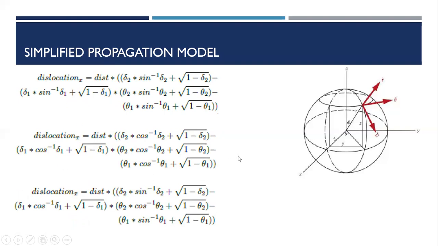These three expressions give us the dislocation of any object or the receiver when it moves from one particular area to another within the spherical coordinate system. The receiver, the transmitter or the beamformer would be able to calculate that dislocation based on these three expressions. Again, I won't be going into the details, but in essence these expressions tell us about the location or the movement of the receiver or the target device or the user equipment.